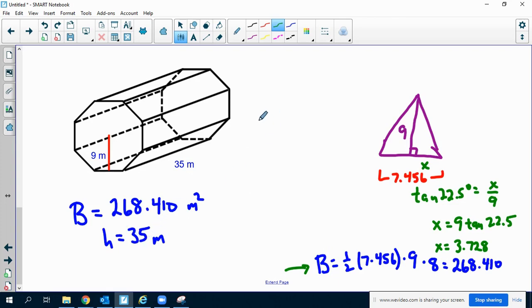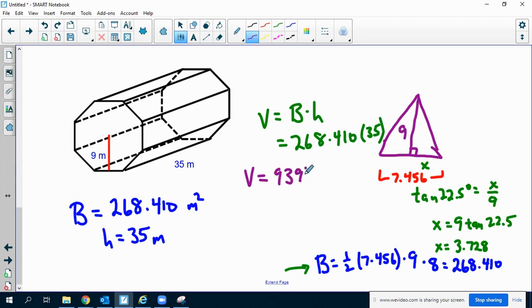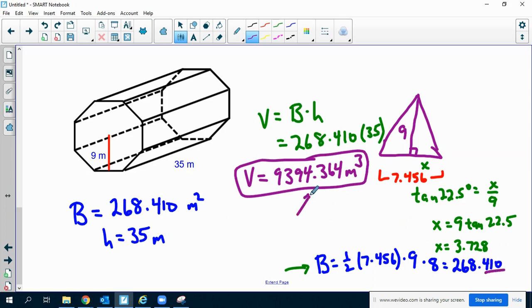So then all I have to do to find the volume is do base times height. So that's 268.410 times 35. And so the volume is 9,394.364 meters cubed. And once again, I did not round at all in the calculator. I actually kept way more decimal places than 3 in the calculator, but if you rounded, your answer will be slightly different.